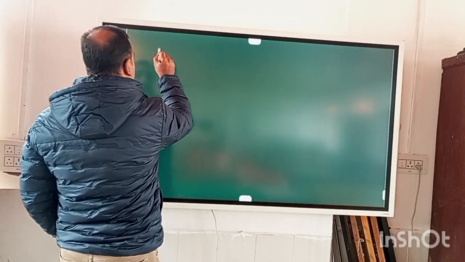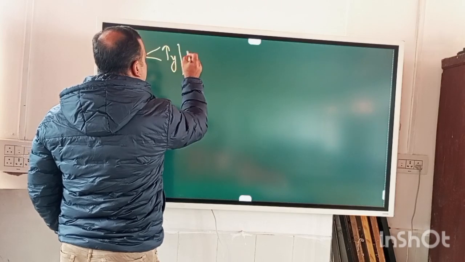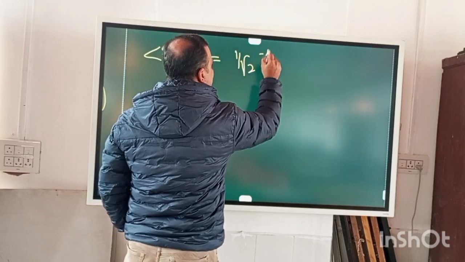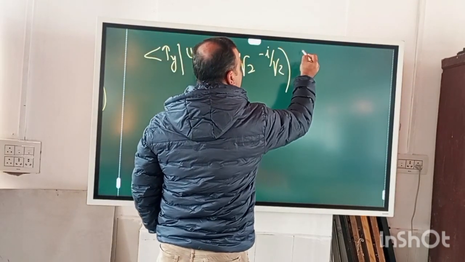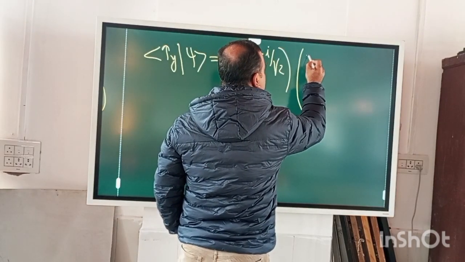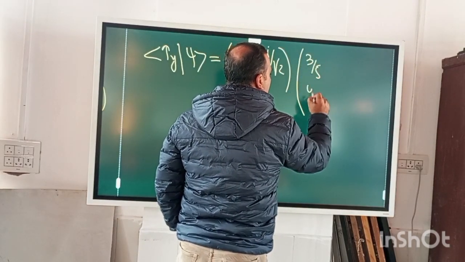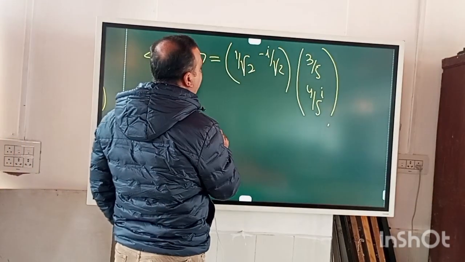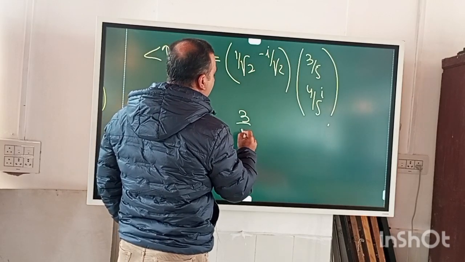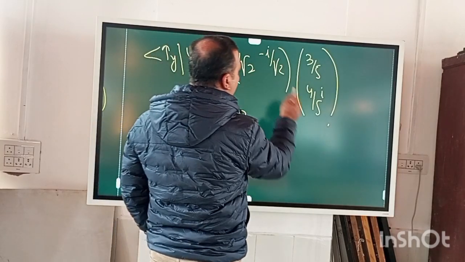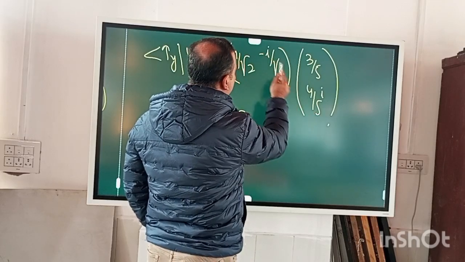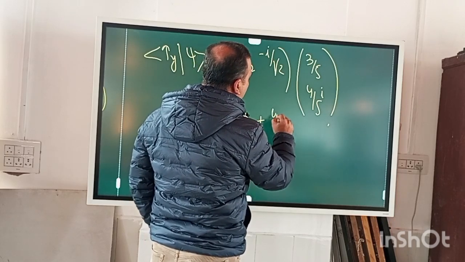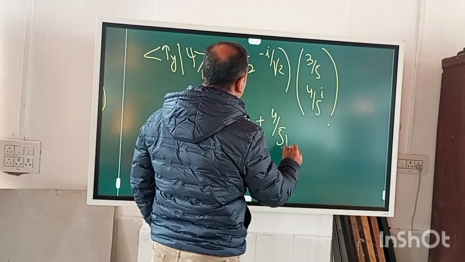So spin up along y with the state psi is going to be 1 by root 2, minus i by root 2, times the column matrix of psi, that is 3 by 5, then 4i by 5. So we'll get 3 by 5 root 2, and here, i squared is minus 1, and minus times minus will be plus, so this will be plus 4 by 5 root 2.